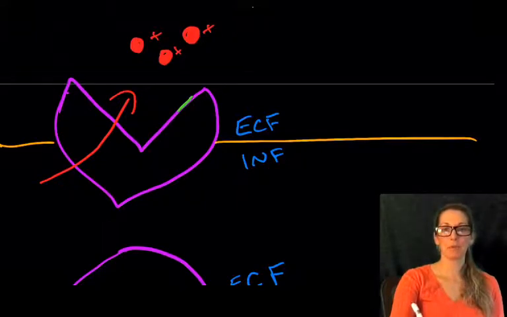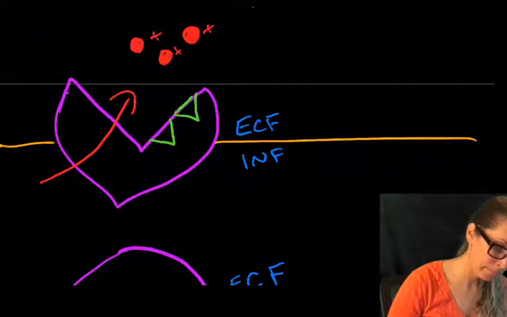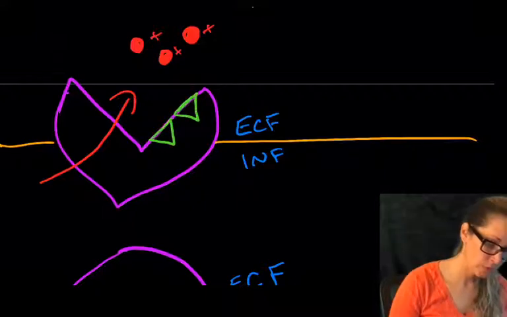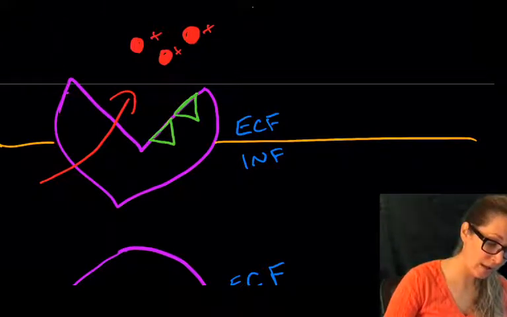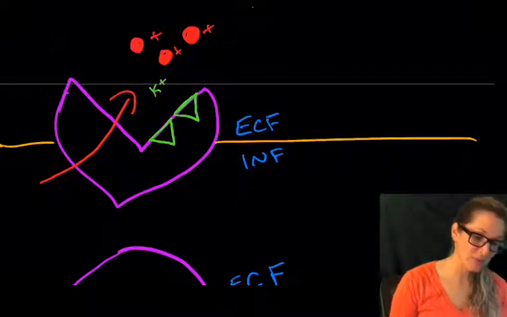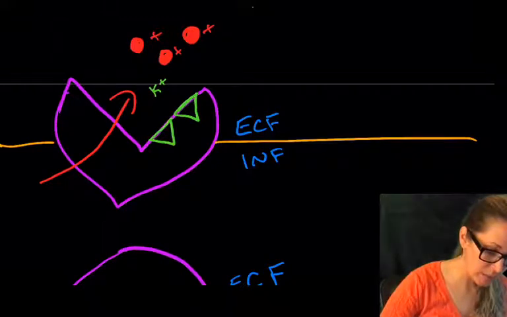We create, or reveal, new binding sites. Those binding sites are for another ion called potassium, hence the sodium-potassium pump. So now potassium comes in and binds its two binding sites.